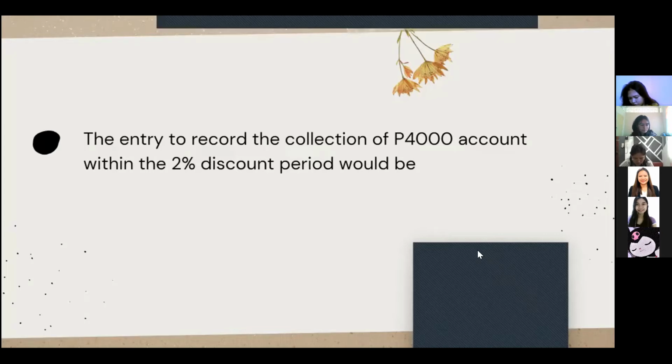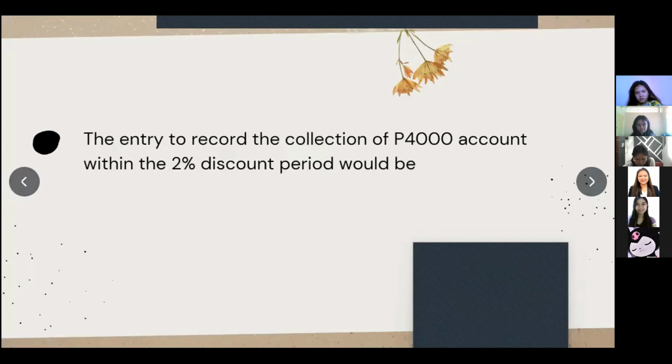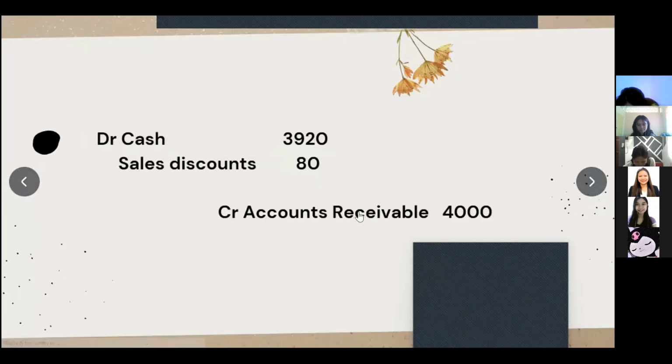Ano ang i-debit at ano ang i-credit? Ayan. Debit cash, 3,920. Tama. And then, debit mo din yung sales discount kasi within the 2% discount period, which is 80 pesos, and accounts receivable of 4,000. So, ma-receive lang is 3,920.